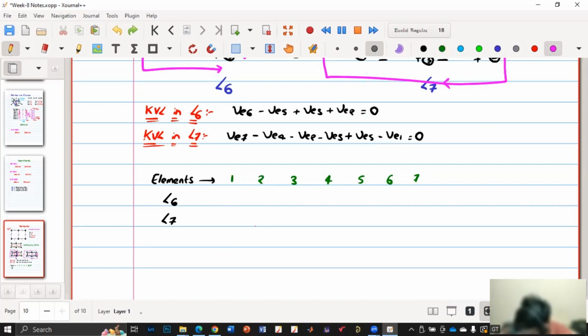Then in the first row, VE6 minus VE5 plus VE3 plus VE2, 0, 0, 0. Then VE7, then minus VE4, then minus VE2, then minus VE3 plus VE5 minus VE1, then 0. Are you understanding how I wrote this directly from the equation?